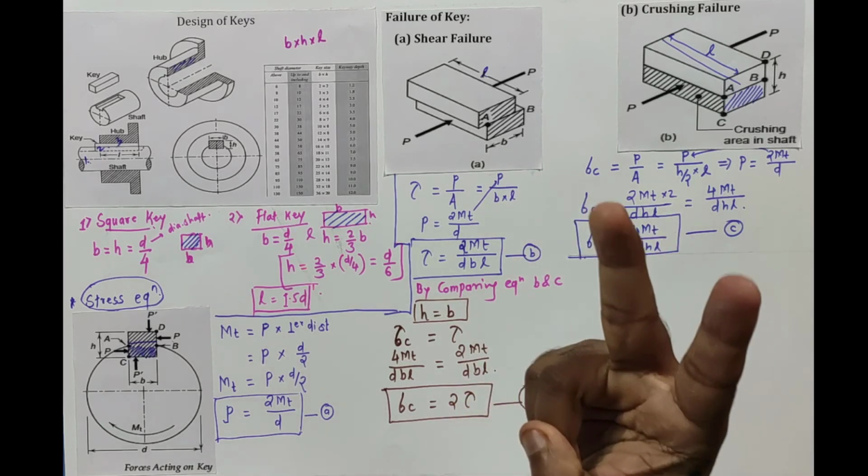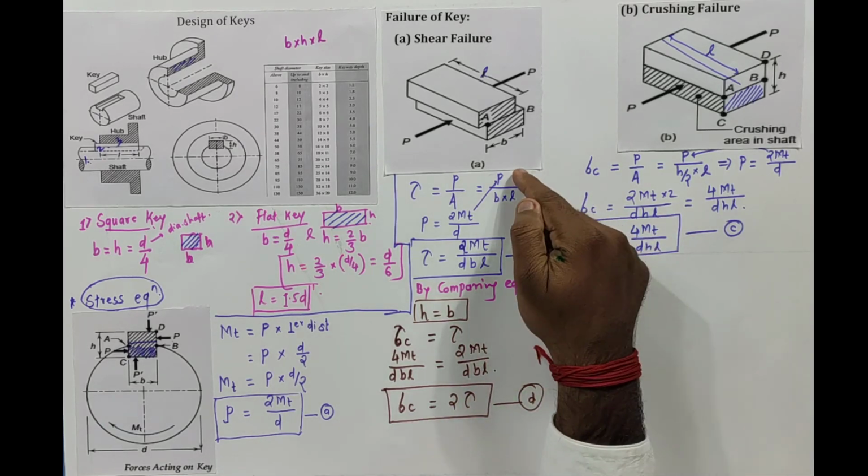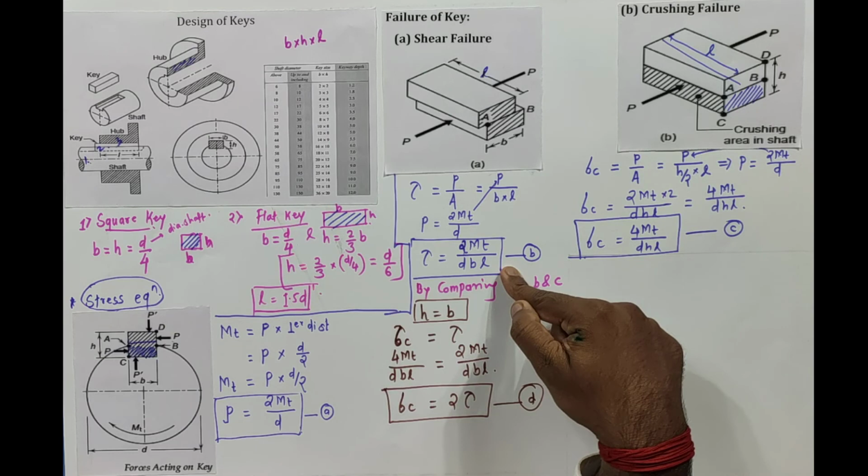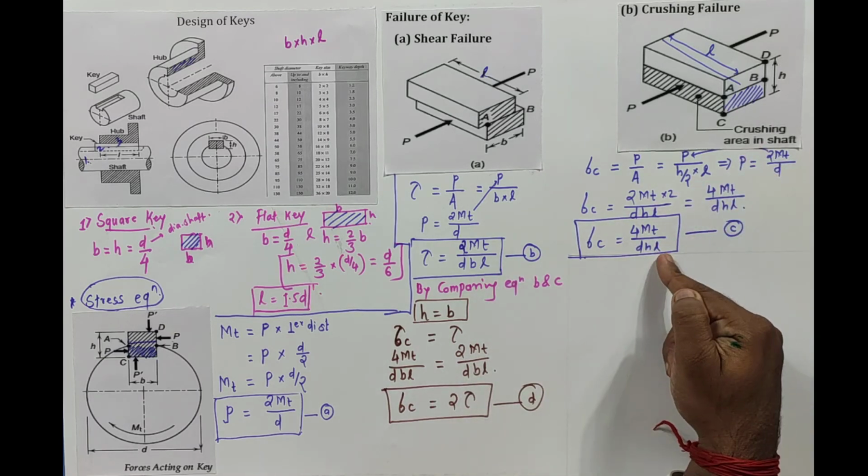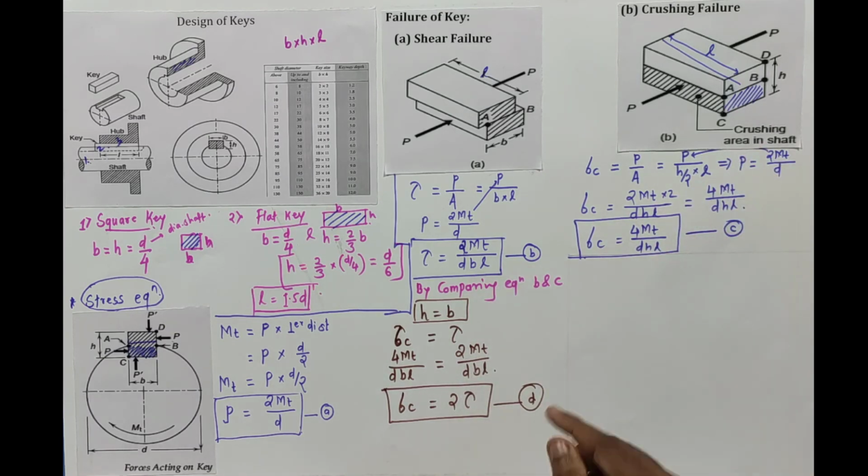After that, there are two types of failure: in shear failure we calculate shear stress, and for crushing failure we calculate crushing stress. After comparing them with the condition H is equal to B, we get the relation between crushing failure, that is compressive stress, and shear stress: sigma c is equal to twice of tau. I hope you understood this session. Thank you.